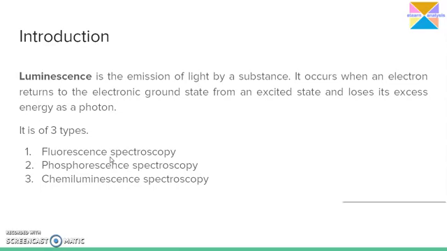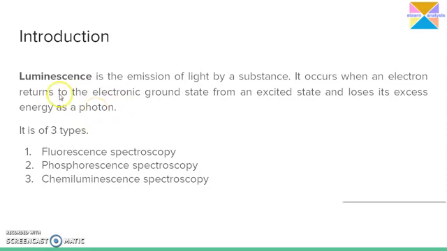As I mentioned, while returning from the excited state to the ground state, the electrons dissipate energy, where part of the energy is lost as collisions or dissipated as heat. The remaining part of the energy is dissipated as electromagnetic radiation, which is nothing but a photon.